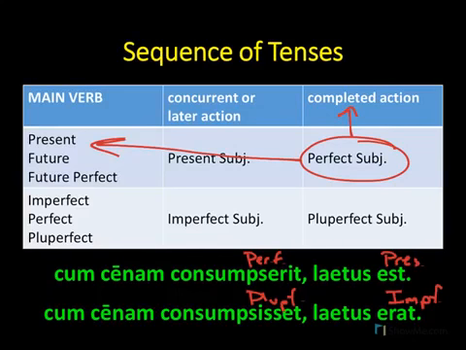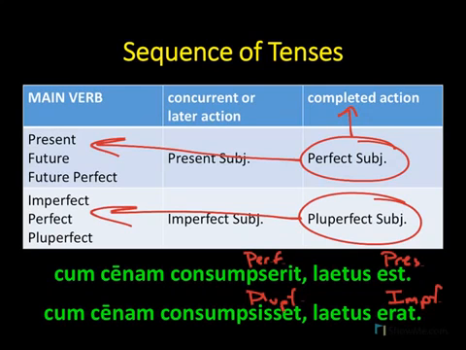So this puts us into this box down here. We're working with a past tense main verb, specifically an imperfect tense, and the pluperfect subjunctive therefore indicates a completed action. In both of these sentences, the action of eating dinner happened before the boy was happy.